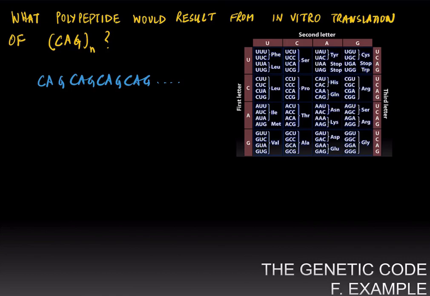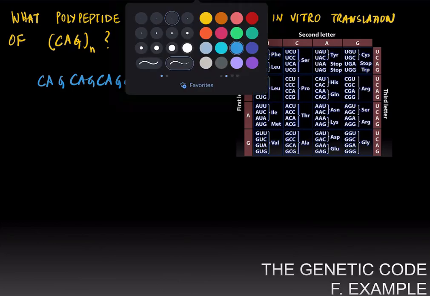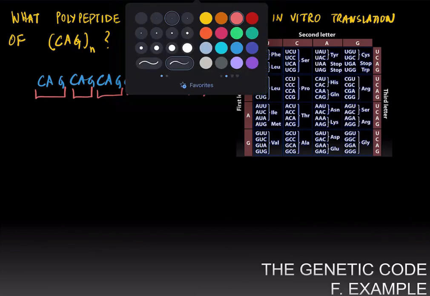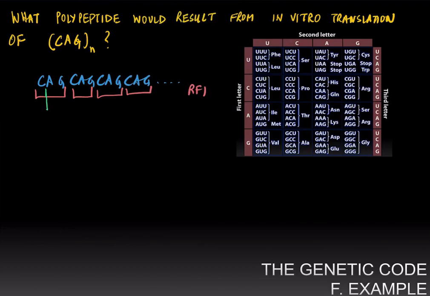And what amino acids we get will depend on the reading frame. So the first reading frame would be like this. Reading frame 1. And the second reading frame would be like this. And so on.